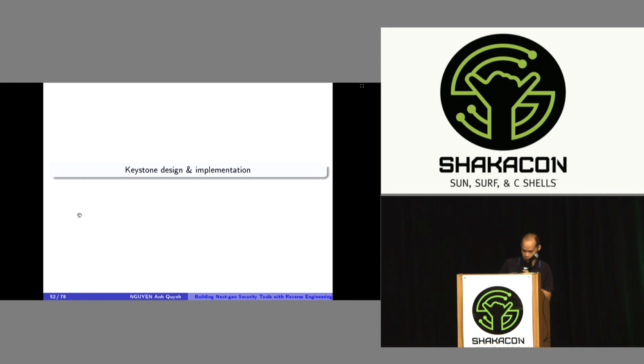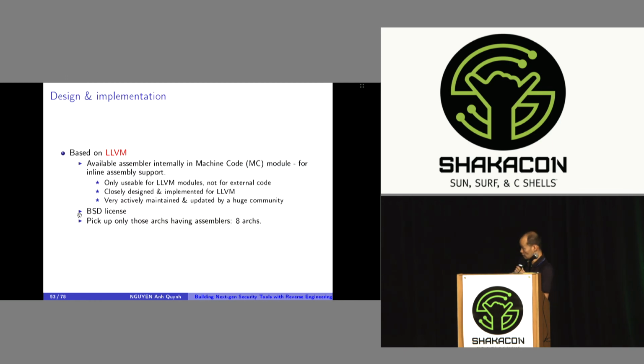So how did I design and implement Keystone? Again, I forked LLVM. I used to fork LLVM to build Capstone, right? Now I fork LLVM to build the Keystone assembler framework. And I also use the MC component of LLVM, because MC doesn't only have a disassembler inside, it also has an assembler inside.